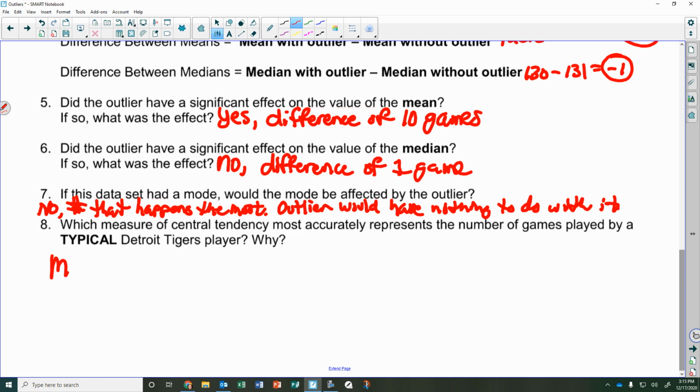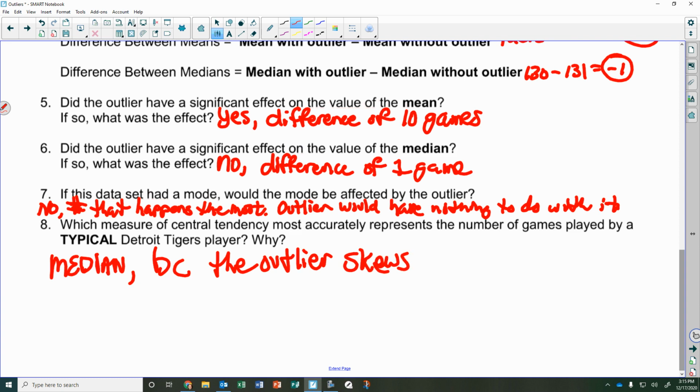Well, that would be the median, because the outlier skews the data on the low side.